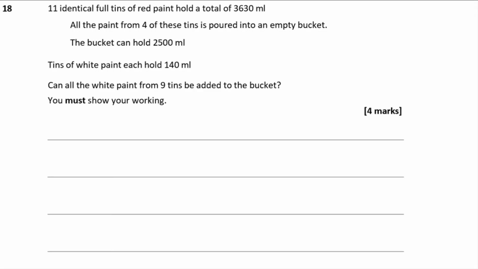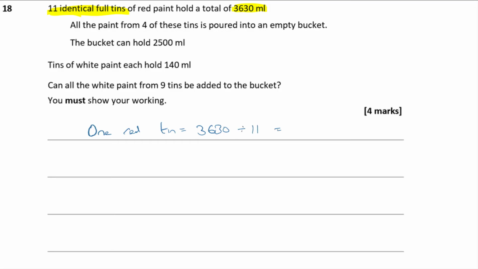Okay, so there's quite a few steps in this one, isn't there? I think the first step is to look at this bit at the top here. I know that 11 identical full tins hold 3,630 millilitres. So from that I can work out how much one red tin contains. So one red tin is going to be the amount of paint that's in 11 of them divided by 11, isn't it?